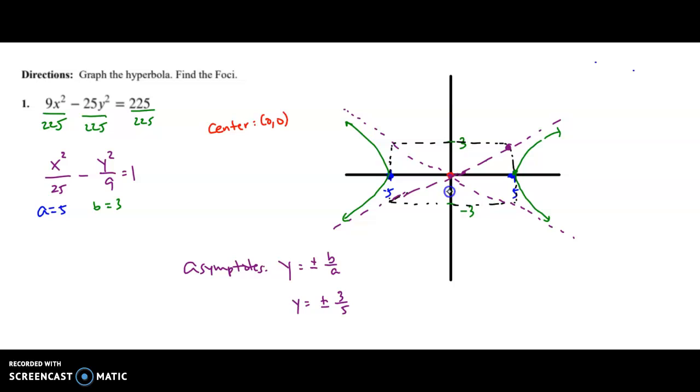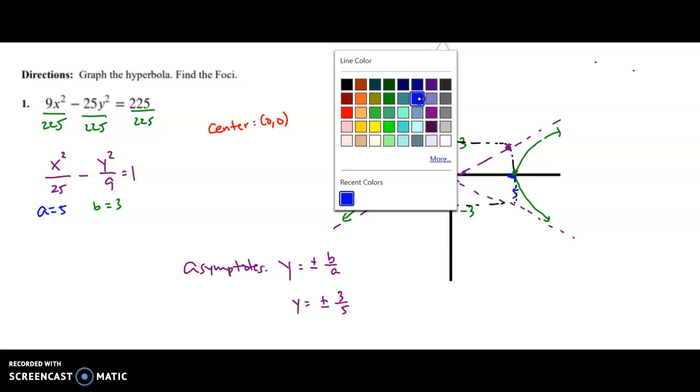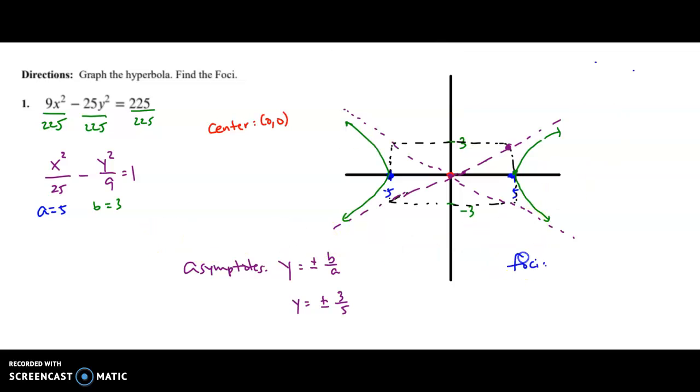Okay. For the foci, all right, maybe we'll do that in blue also. This is all over the place, I apologize. Now the difference for the foci for hyperbolas is c squared is equal to a squared plus b squared. Remember for an ellipse, it's a squared minus b squared, but it also kind of makes sense that it's a squared plus b squared because the value of c now has to be larger than a, right?